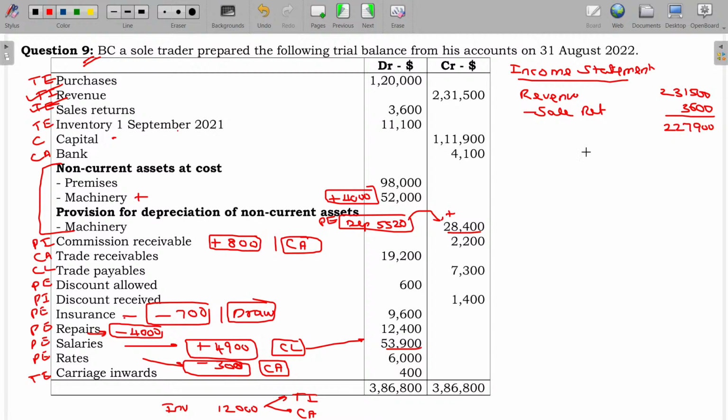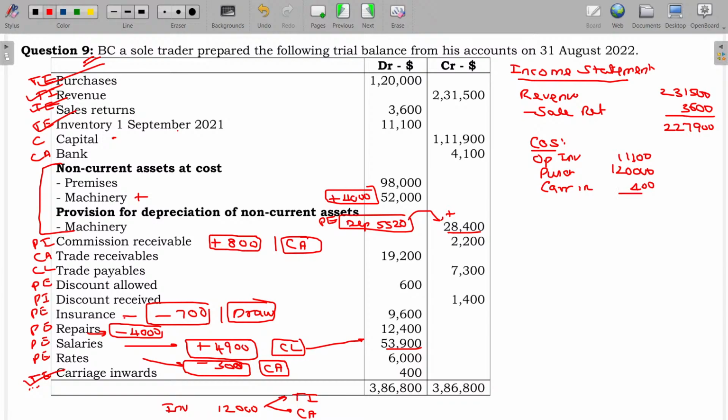Trading expenses, cost of sales: opening inventory, purchases. Opening inventory being 11,100, purchases being 1,20,000. And don't forget the trading expenses here. Carriage in is also part of purchases. This value being 400. And we still have closing inventory to be adjusted.